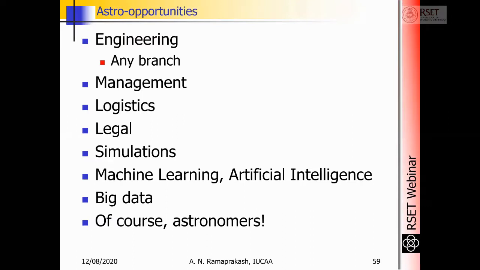They need to be done through machine learning, artificial intelligence, big data programs, and to develop those things. And astronomers will only see the end results of those, and we need them.